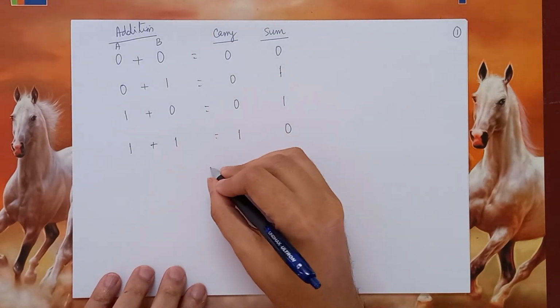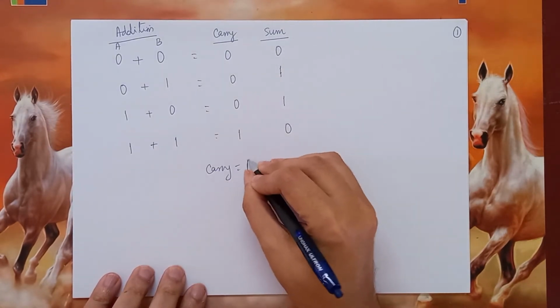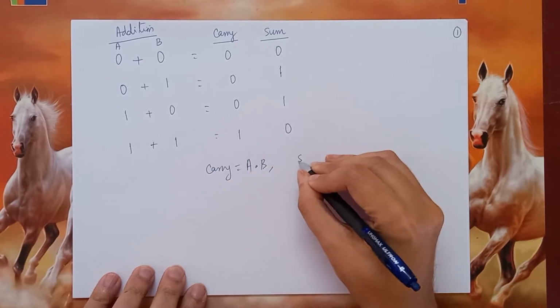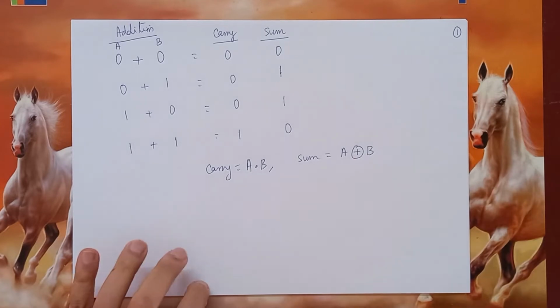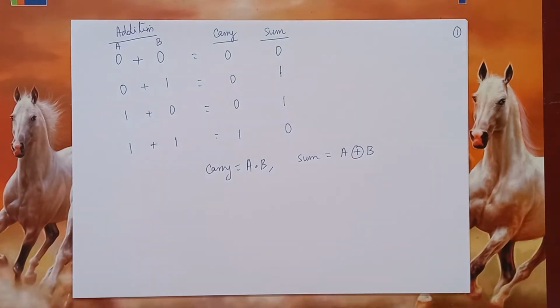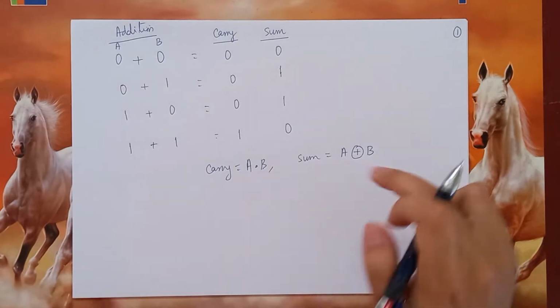So I can say that carry is equal to A dot B and sum is equal to A XOR B. If you want to make a very simple circuit that can add two binary bits, all you need is an AND gate and an XOR gate.